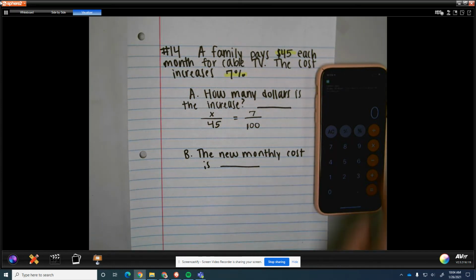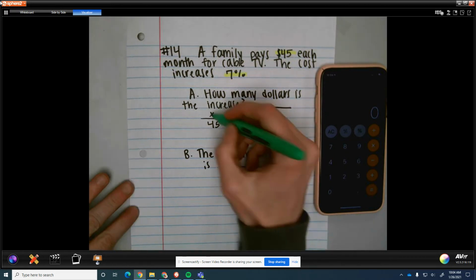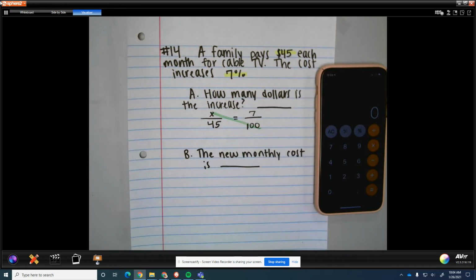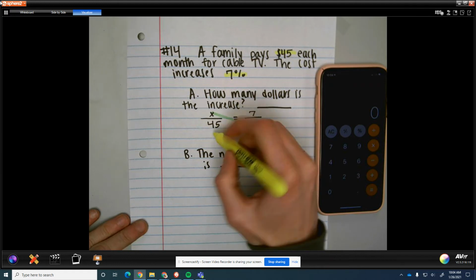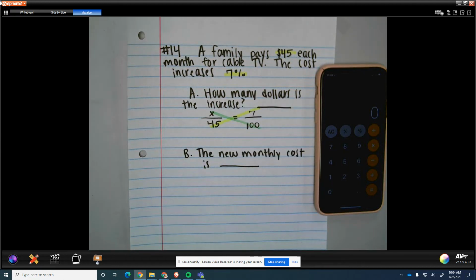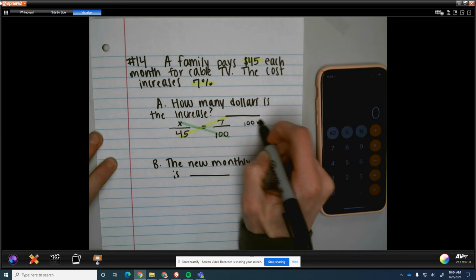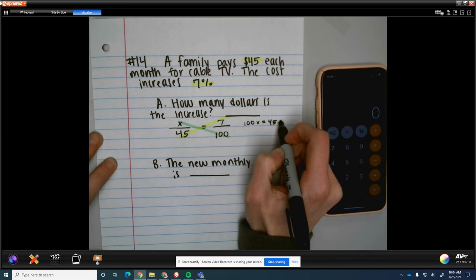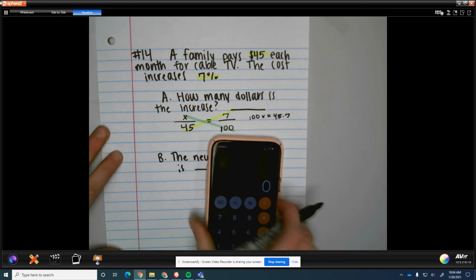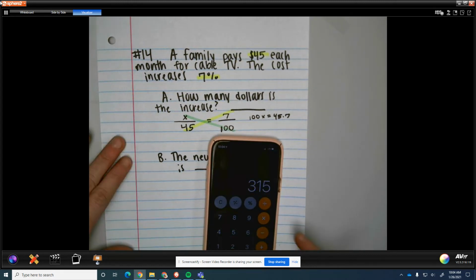So when I do this, I am going to cross multiply. I like to highlight when I do this. So I'm going to move over to the right side, and I have 100x equals 45 times 7. Now I'm just going to go ahead and use my calculator down here and do 45 times 7. I get 315.